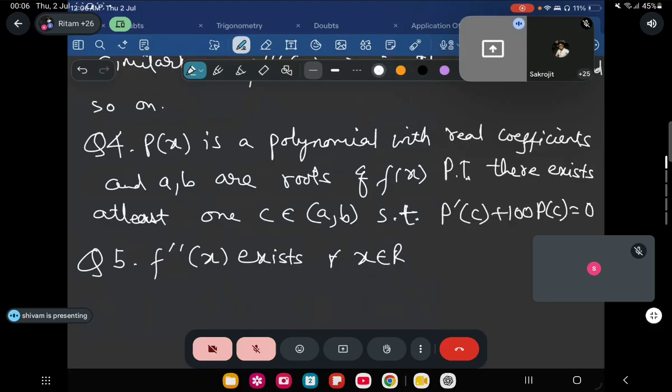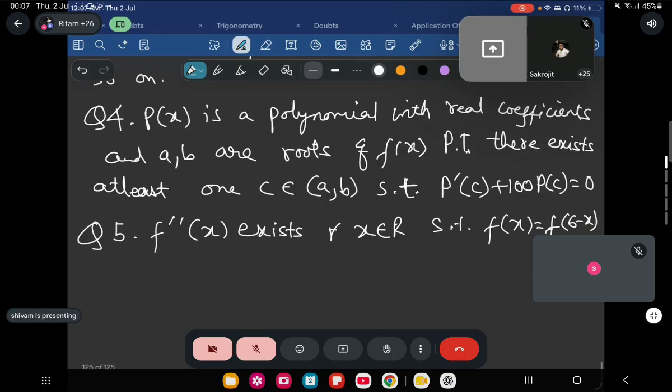Prove that there exists at least one c belongs to... f double dash x exists for all x belongs to R such that f of x equal to f of 6 minus x.